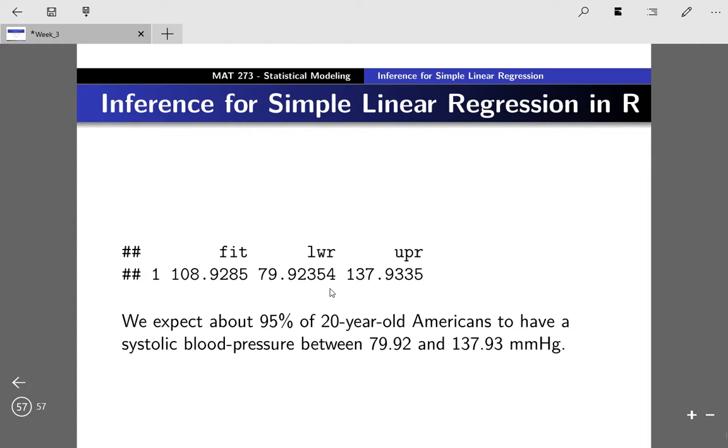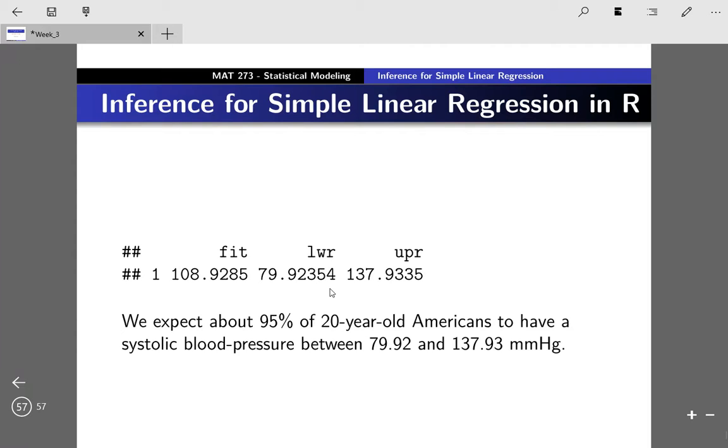And this is because this is just for a single 20-year-old American. Where do we expect their blood pressure to fall 95% of the time? So this is different than what we expect the average blood pressure to be for all 20-year-old Americans. So it's sort of a subtle but key distinction.